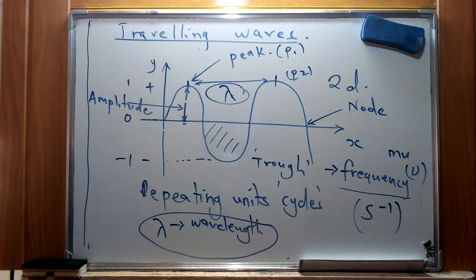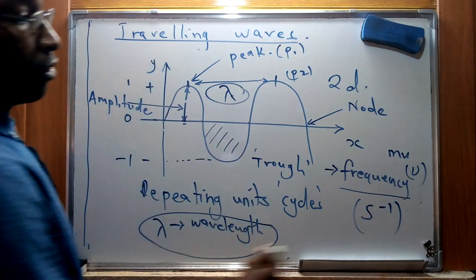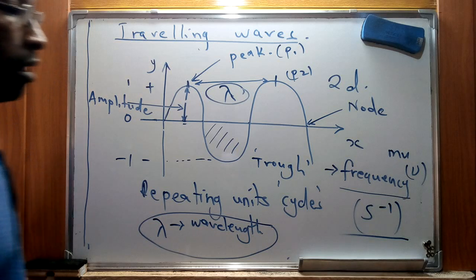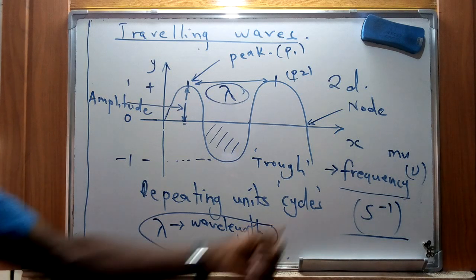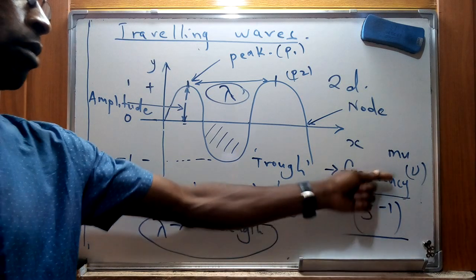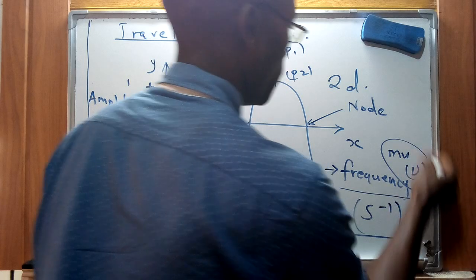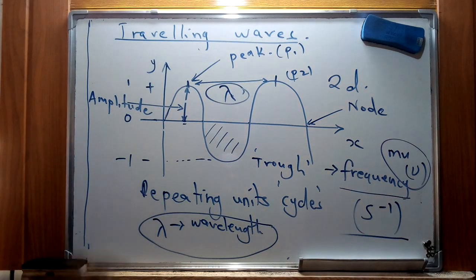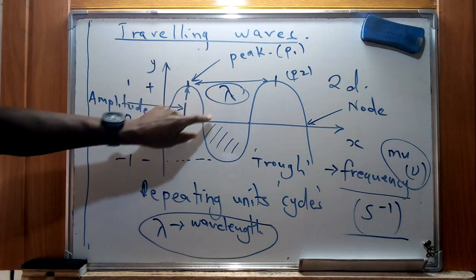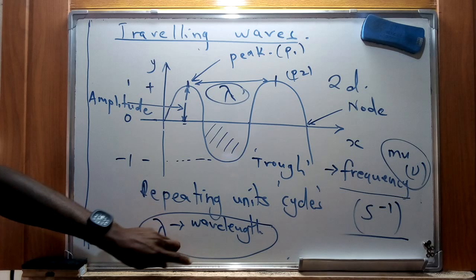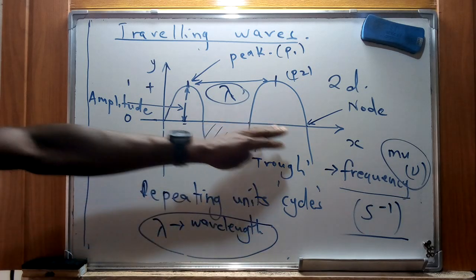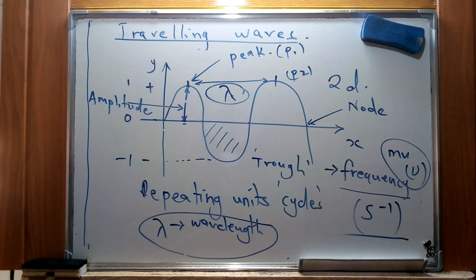And the number of cycles of this traveling wave per second is denoted by the letter mu, which refers to frequency. Therefore, these terms, frequency, wavelength, and node, along with other terms we will encounter, are the aspects we use to describe a wave.